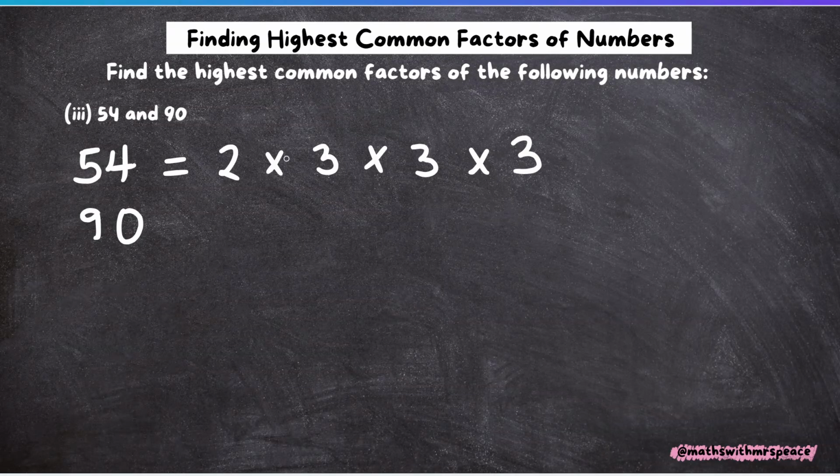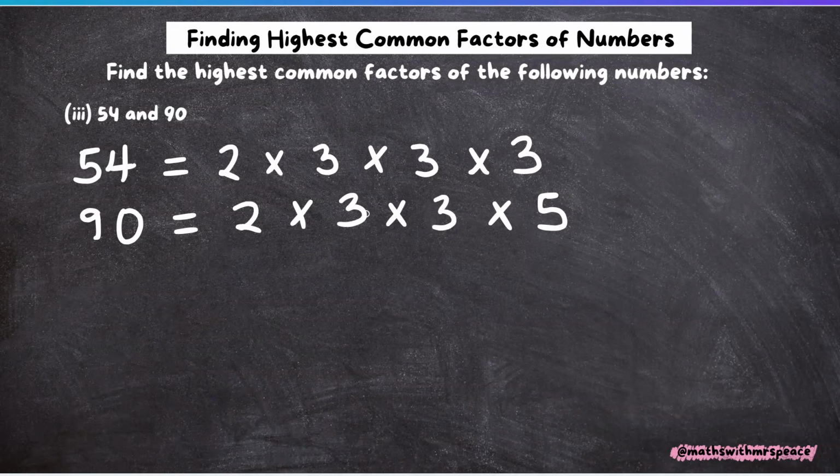So 2 times 3 is 6, 6 times 3 is 18, and 18 times 3 will give us 54. Let's do the same for 90. We're going to get 2 times 3 times 3 times 5. 2 times 3 is 6, 6 times 3 is 18, and 18 times 5 will give us 90.